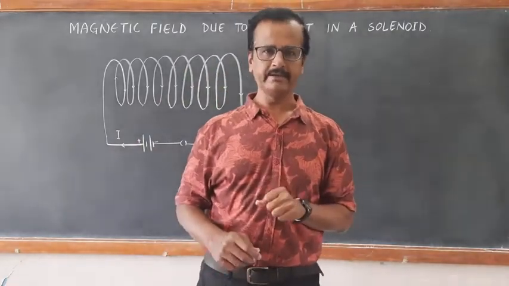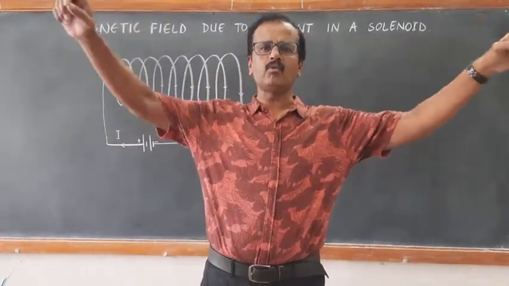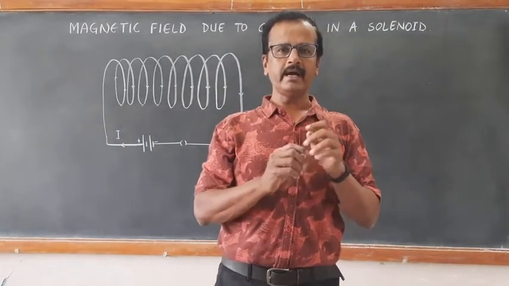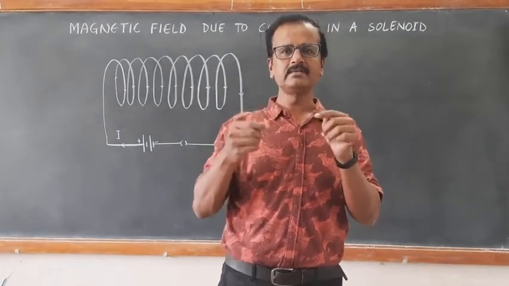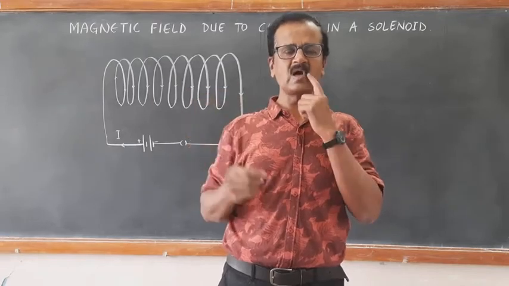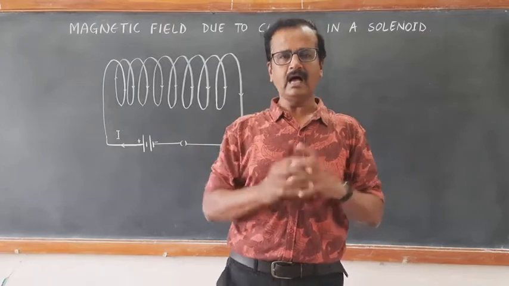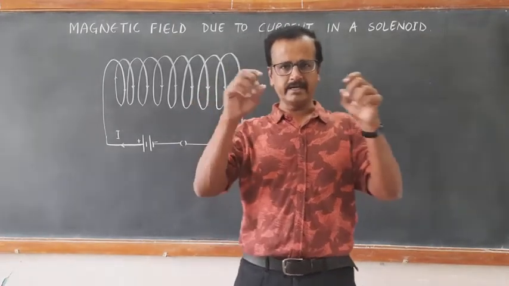What is a solenoid? If you take a long insulated copper wire, and wind it in the form of a spiral spring, you take one cylinder, for example, an iron cylinder.